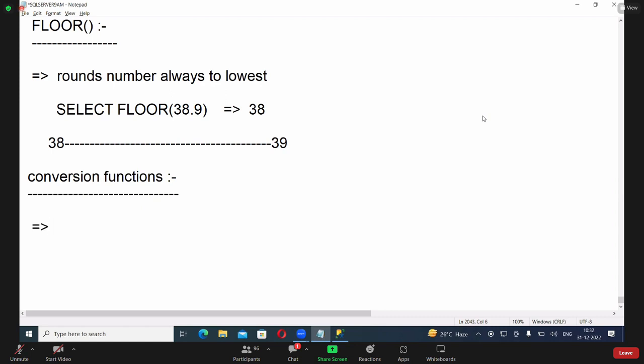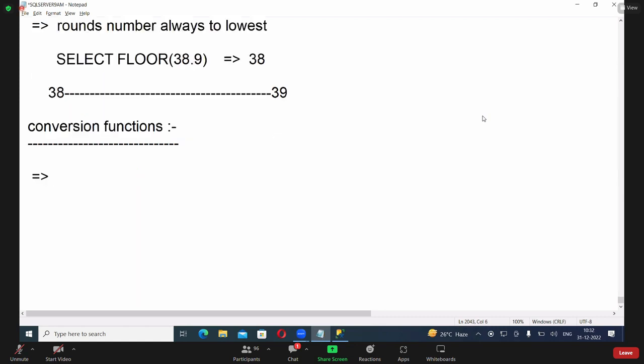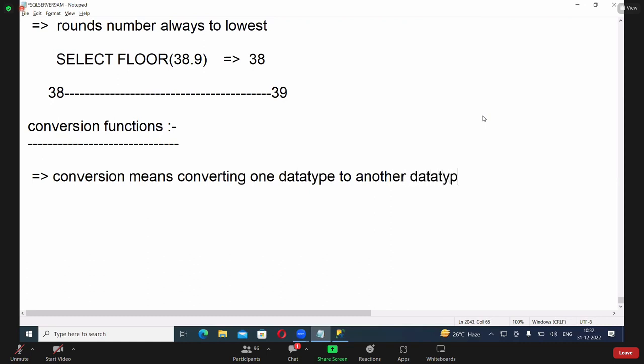Conversion means converting one data type to another data type.